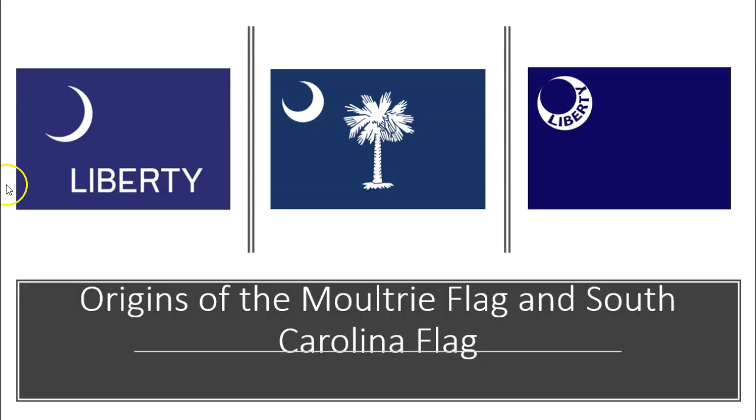And there was a couple different designs. Again, right in the middle is the state flag of South Carolina and the Moultrie flag. There's two different designs. There's the Liberty flag that was flown throughout the Revolutionary War, especially in the early part, and they added the crescent moon.